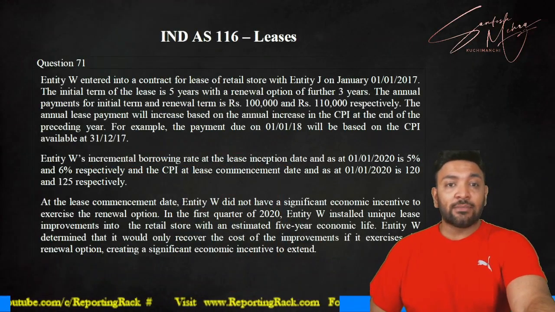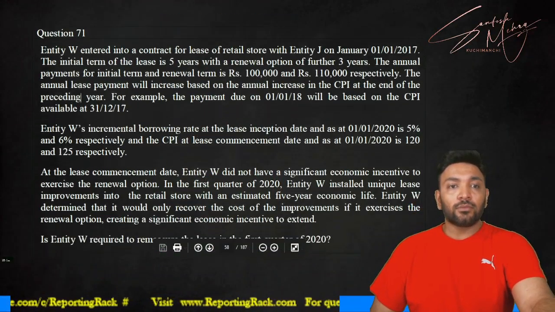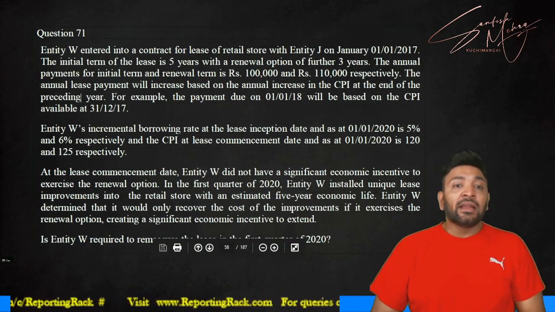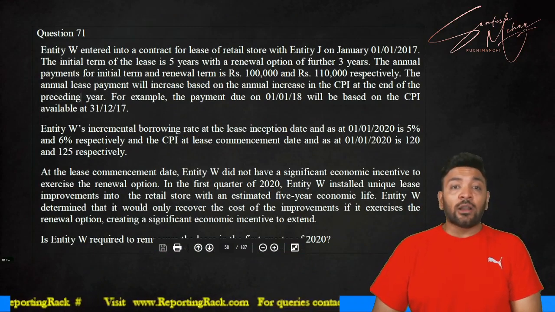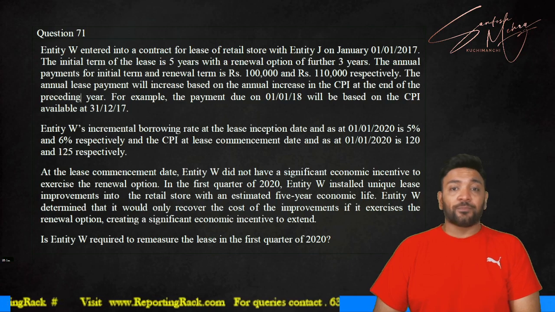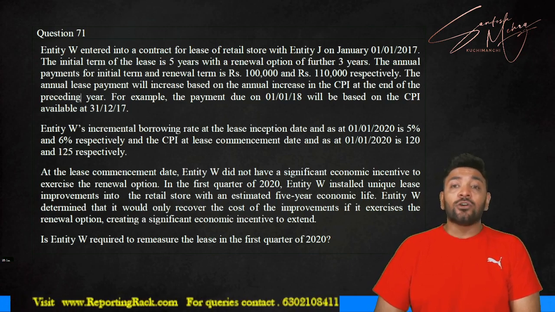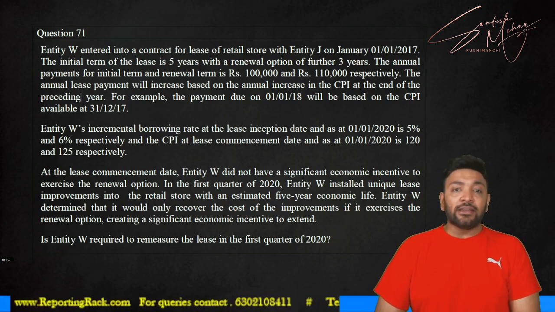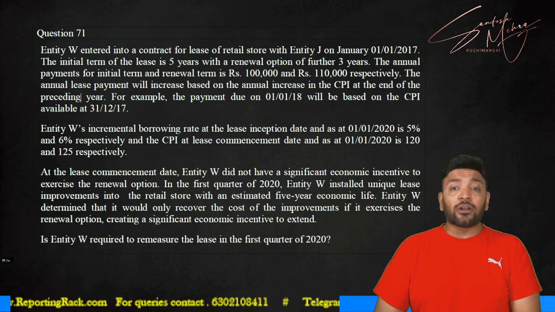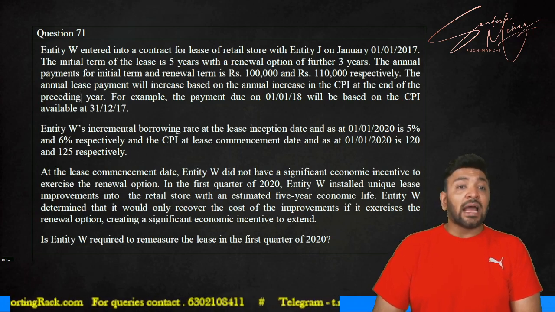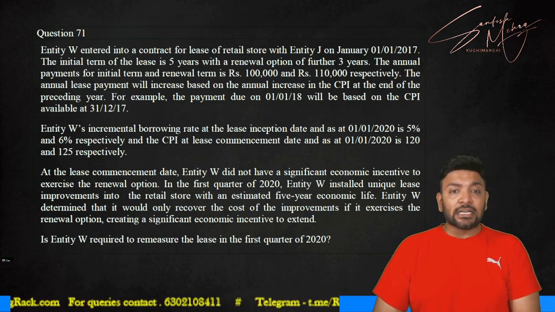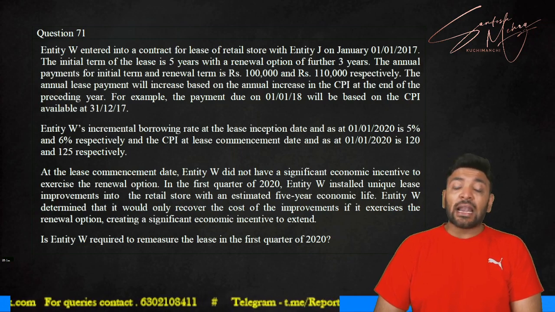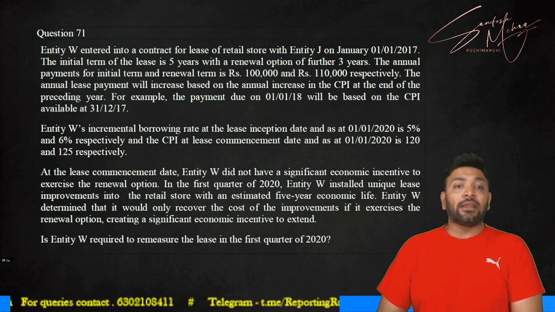Look at first the question number 71. Entity W entered into a contract for a lease of retail space with entity J on January 1st of 2017. The initial term of lease is 5 years with a renewal option for a further 3 years. The annual payment for the initial term and the renewal term is 1 lakh and 1,10,000 respectively.